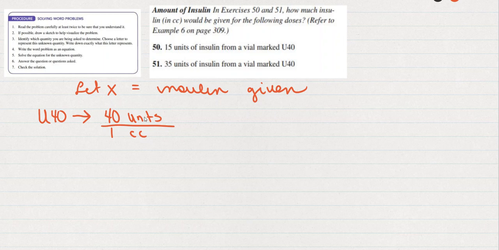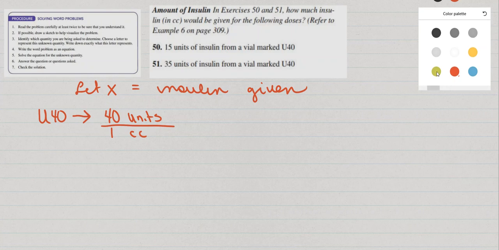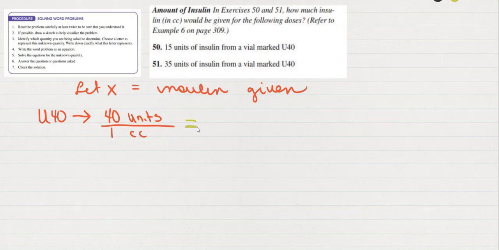So if we're going to do 40 units per 1 cc, then the conversion that we'll use is the 40 per 1, and then what that's going to be equal to is whatever the different product is. We've got the number of units and how much insulin.